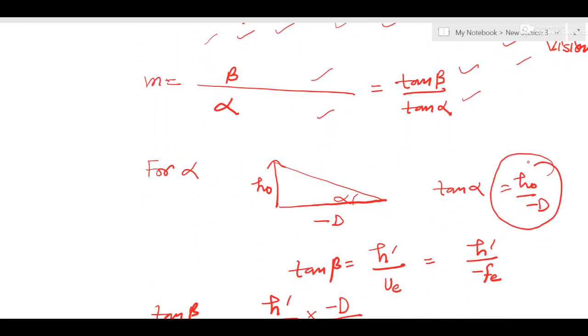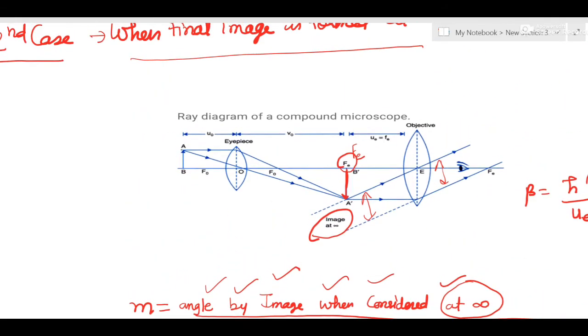Okay, and for beta you have to go to the diagram. So let us see what is beta. This is beta. So you can write tangent beta from here, perpendicular. Tangent beta can be written as perpendicular is h dash. Right, let me erase everything and show you. See, this is beta first of all. This is h dash. Okay, and this is ue.